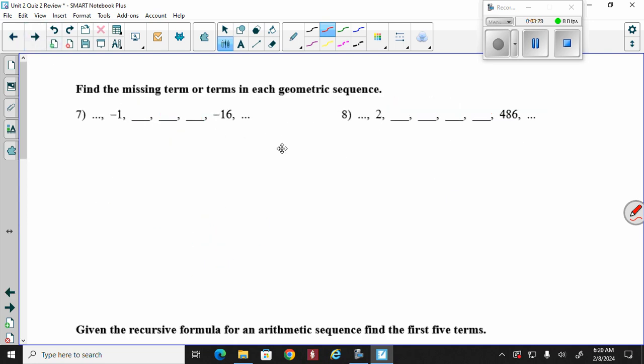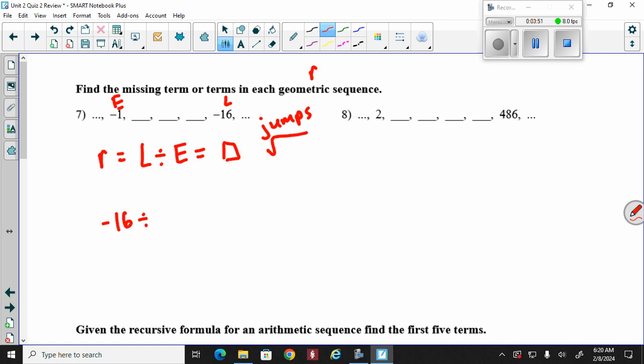All right, for the geometric sequence, remember that is your r. In order to find your r, the very first thing I need to do is take the later term and divide it by the earlier term. Then I take a root based on the number of jumps. Kind of hard for me to write that in notation here. Negative 16 is the later, this is the earlier, so negative 16 divided by negative 1 gives me positive 16.